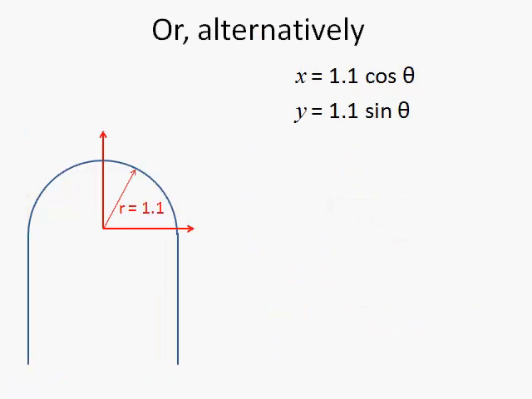Now we could also have written our parametric equation in the simpler form, and then it's 1.1 cos theta, 1.1 sine theta with no shift. They are hidden, they're still there of course.